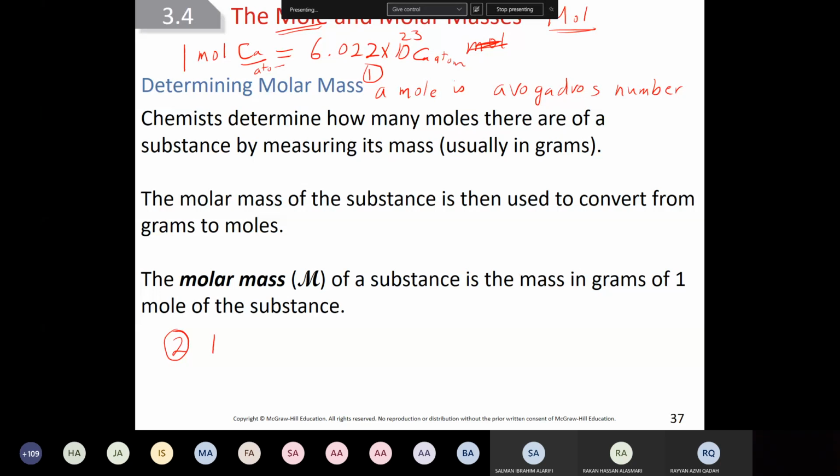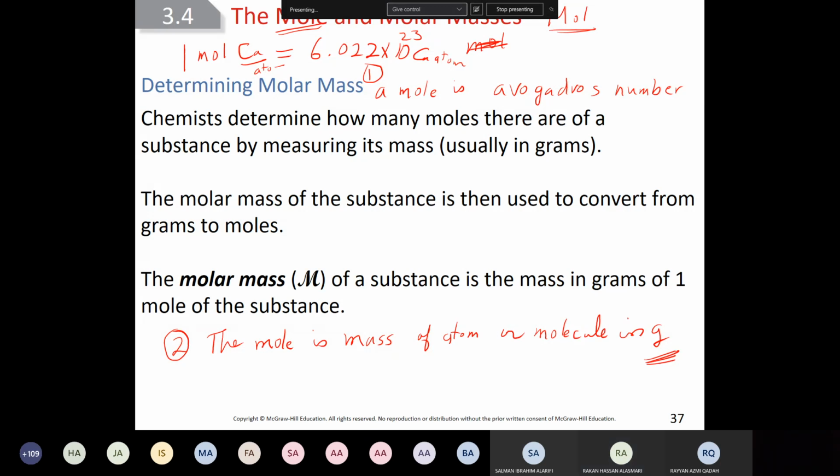The mole is the mass of atom or molecule in gram. The unit is gram.